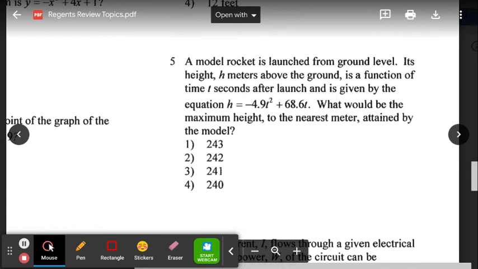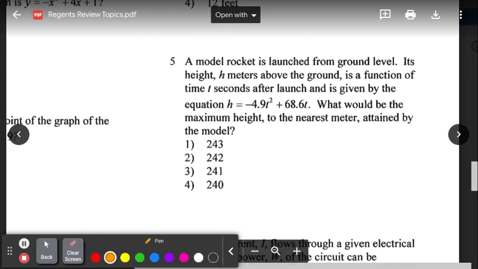So let's look at number 5. A model rocket is launched from ground level. Its height, h, meters above the ground, is a function of time, t seconds after launch, and is given by the equation h equals -4.9 t squared plus 68.6 t. What would be the maximum height? So that's your biggest y value.